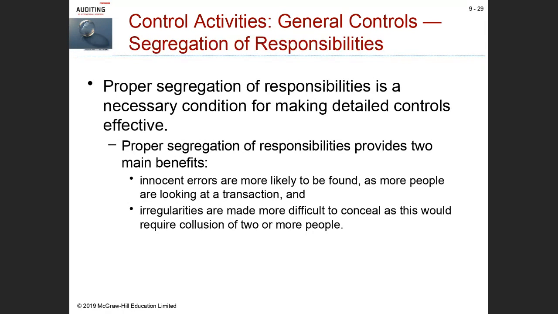That would be a poor segregation of duties, because someone who's actually writing the checks has that authority, could write a check to someone who a check should not go to, and then if they're recording that in the system, they could hide who they wrote the check to, because they're involved in writing the check and in recording the check in the accounting system. So you would want to separate the recording of checks from the preparation of checks.